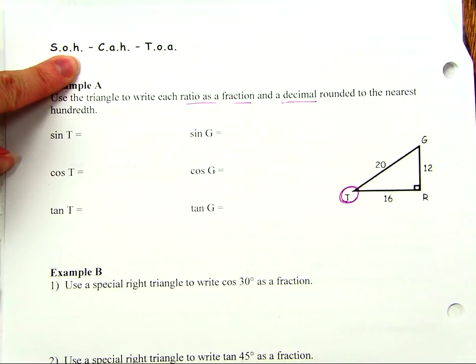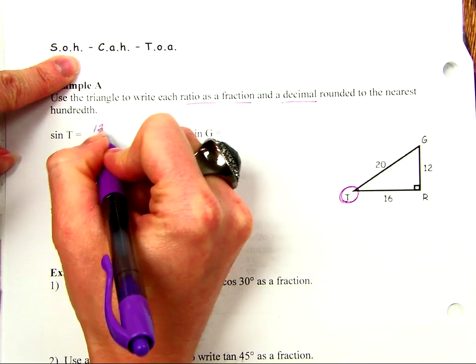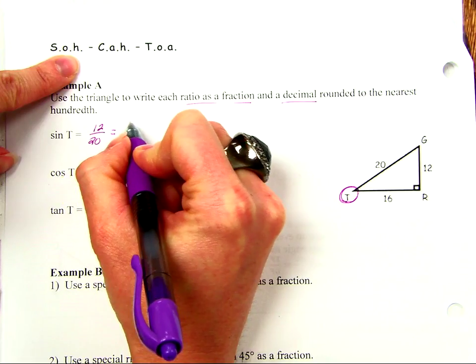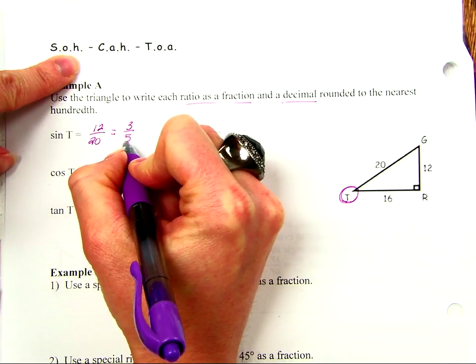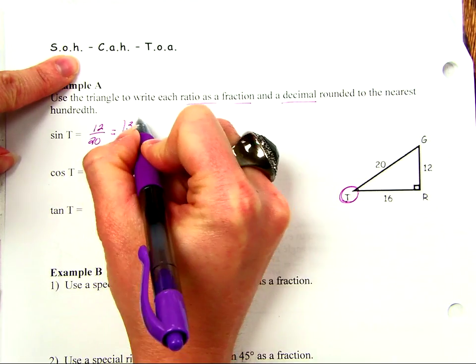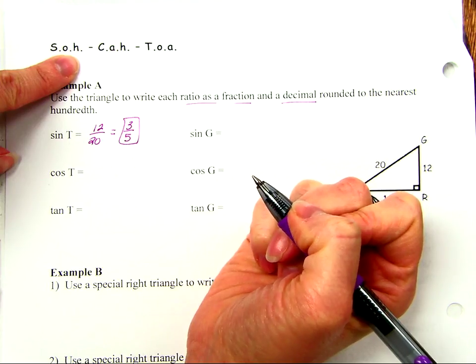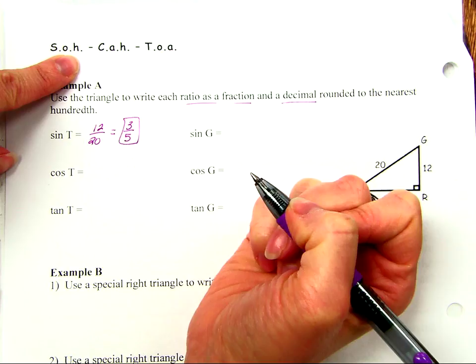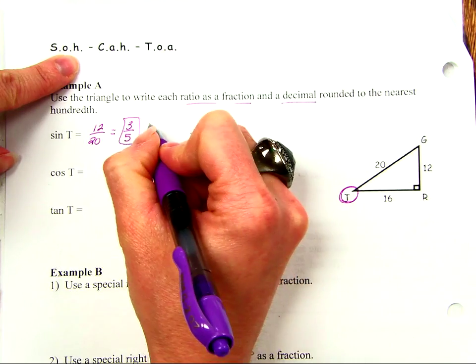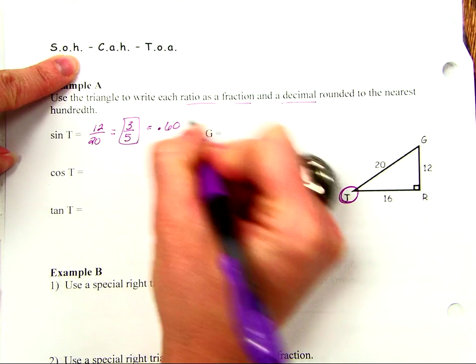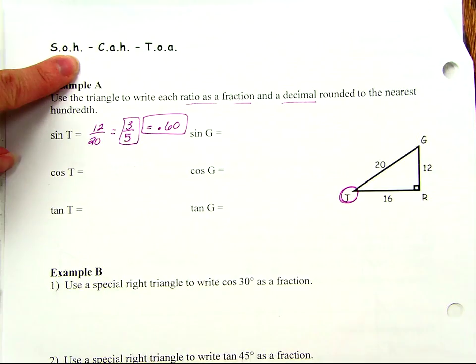From angle T, the opposite side is 12, and the hypotenuse side is 20. So this ratio would be 12 over 20. In lowest terms, that would be 3 over 5. As a decimal, 3 over 5 is 6 over 10. If I wasn't sure, I could divide 3 by 5 on my calculator, and to the nearest hundredth, that would be 0.60.